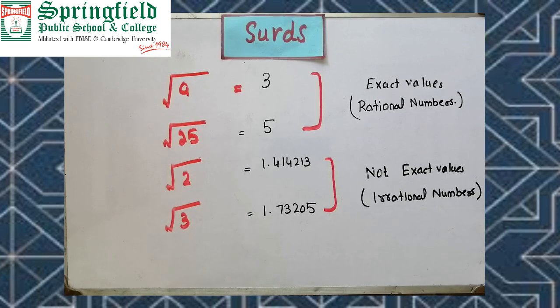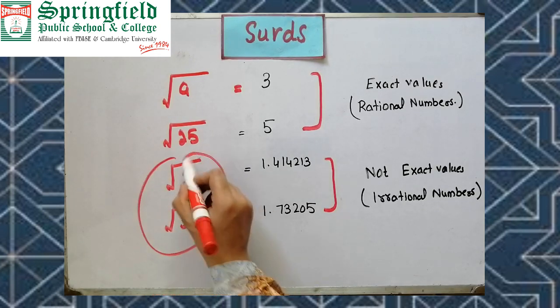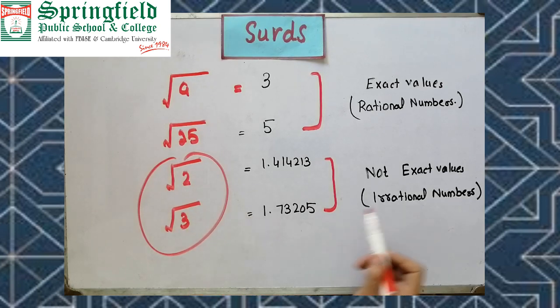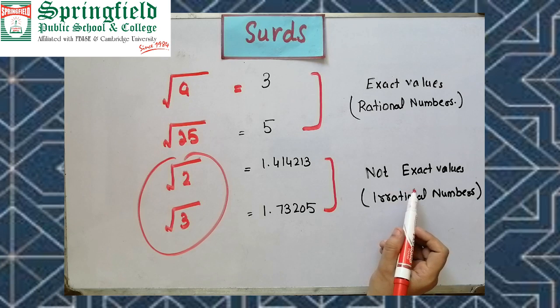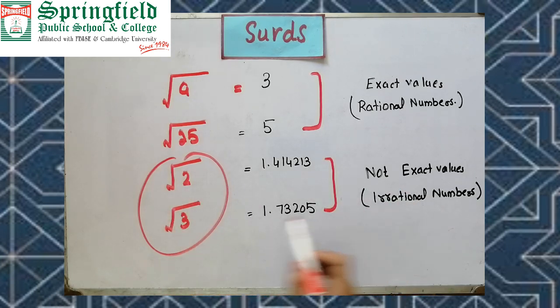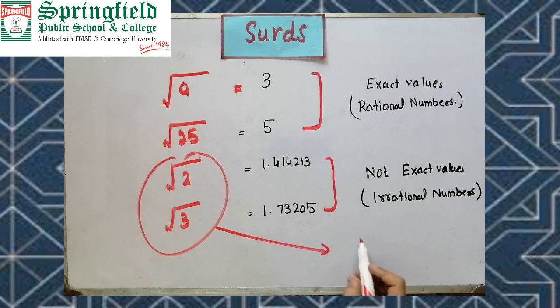Understood beta? So these two numbers, under root 2 and under root 3, do not give us exact values; they are irrational numbers. You can say that an irrational number is called a surd. So these numbers are called surds. Understood beta?